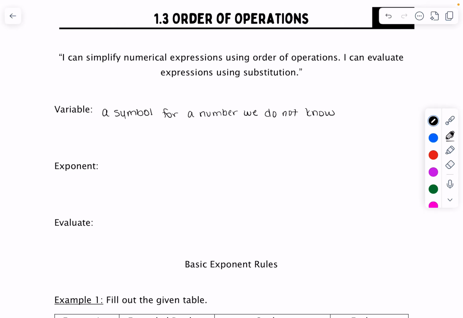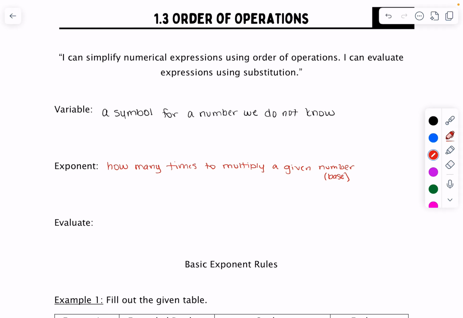We're also going to be using exponents a lot. The idea of an exponent is how many times to multiply a given number, which we call the base.